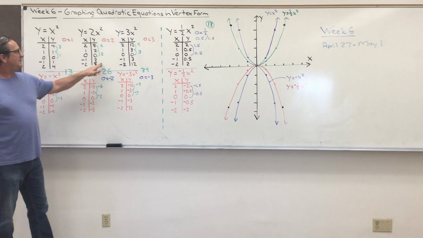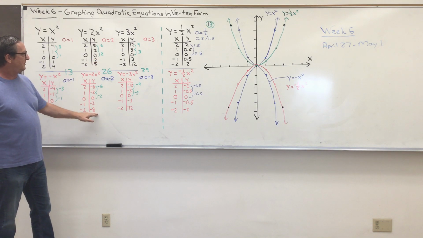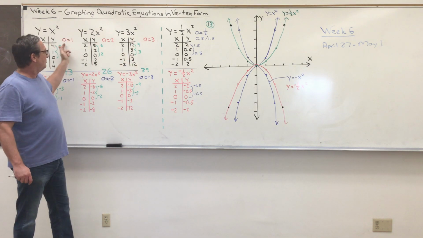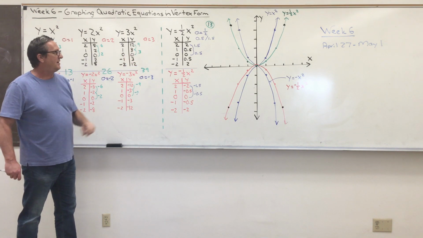And then we have symmetry, so it's 2, 8 and it's 2, 8. It's negative 2, 8, negative 2, 8. And if a equals 3, then we're going 1 times 3 is 3, and 9, up 3, up 9.